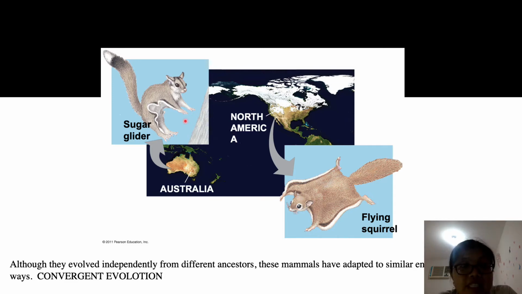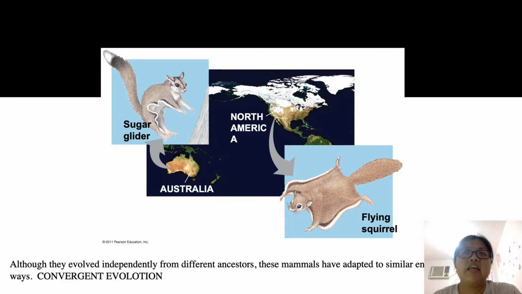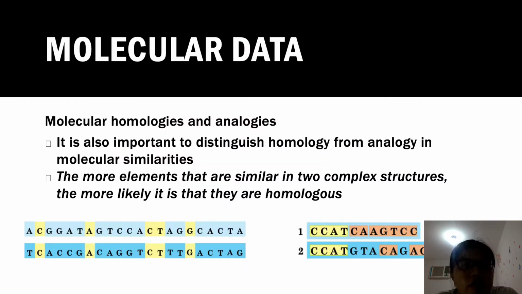And this one is a marsupial. So the complexity of reproduction alone of the sugar glider from the flying squirrel will tell you that the similarity of the features of these two organisms is due to analogous or convergent evolution because of the similar environment that they are in. Okay? All right.